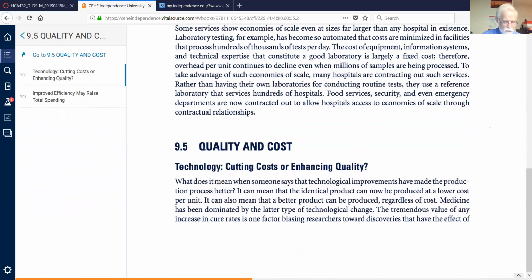Technology, meaning the advances in the actual practice of medicine. Technologies like MRIs and CTs and so forth are clear. Computerized records have made the transfer and use of that information a lot easier and more efficient, and cut some costs, obviously.